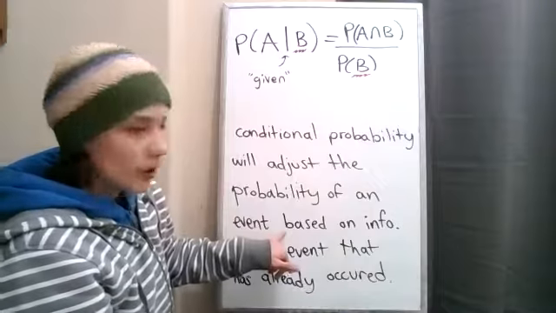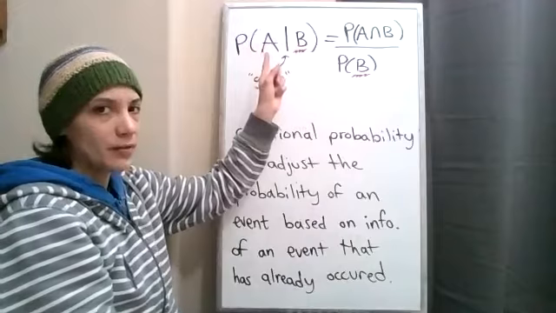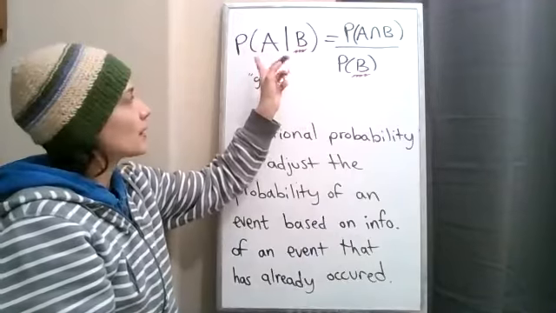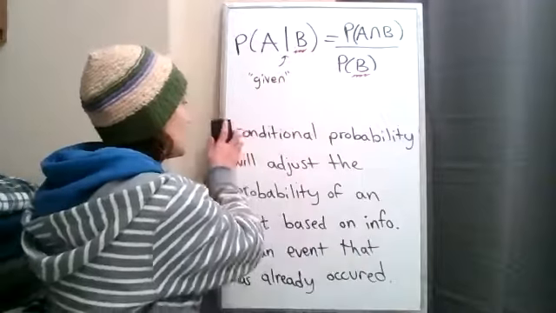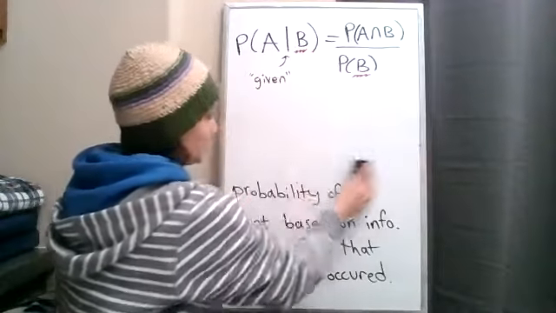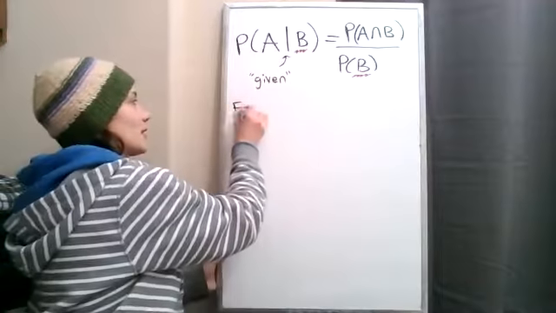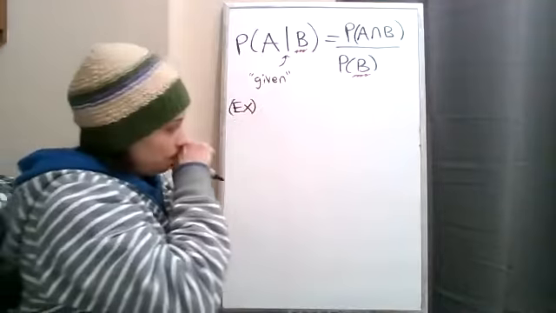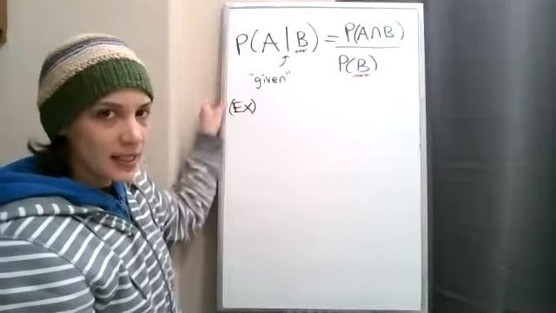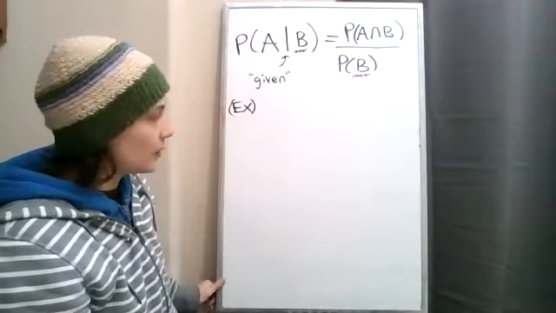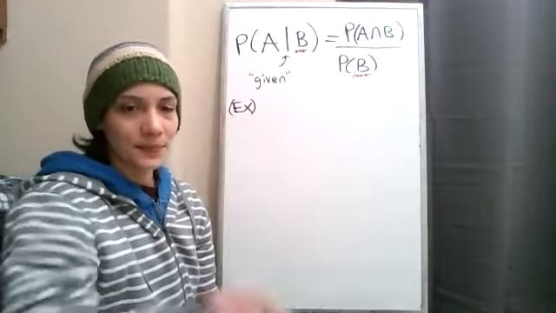So based on the information that event B has occurred, you want to know about event A and what that probability is, and you know that extra information from event B. So that's the last main focus for chapter 16, and we'll just do a lot of examples and probably a few more examples at our next meeting, and then start chapter 17.